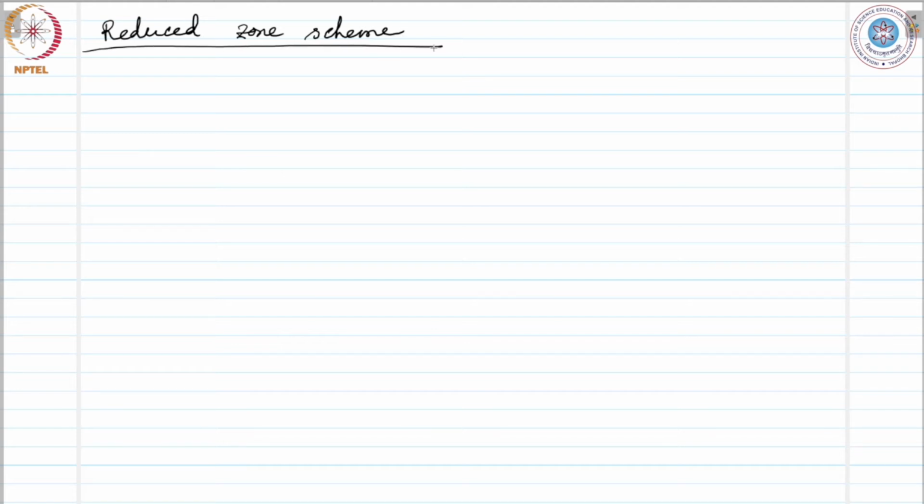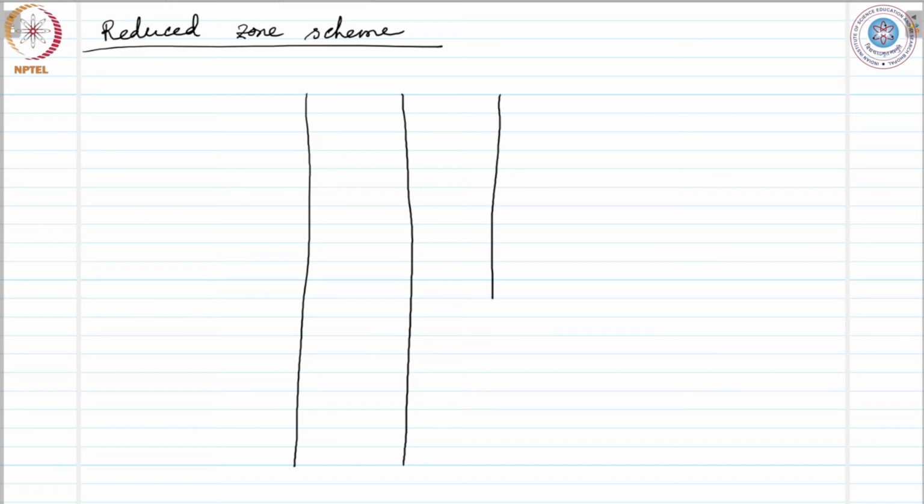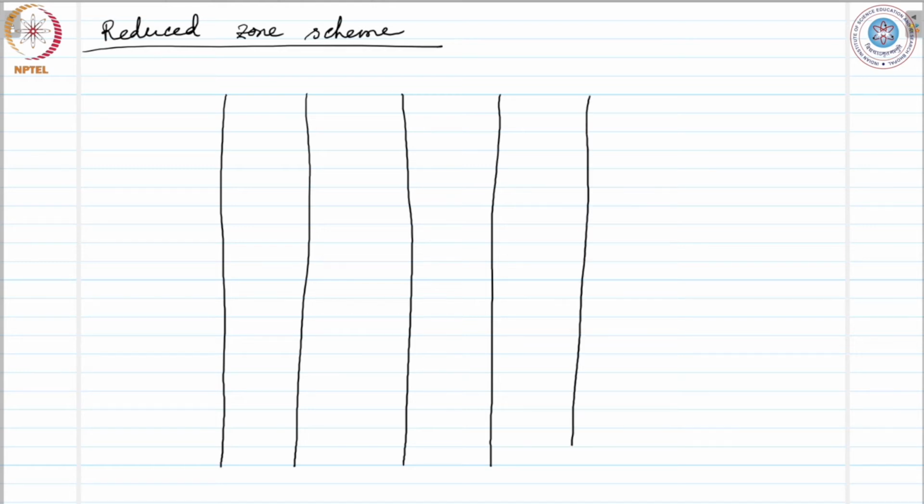What is a reduced zone scheme? We have drawn the band structure in the context of the nearly free electron model. We are going to do something similar here. Let's consider this to be the first Brillouin zone. This is the second Brillouin zone. This is the third Brillouin zone, and so on.